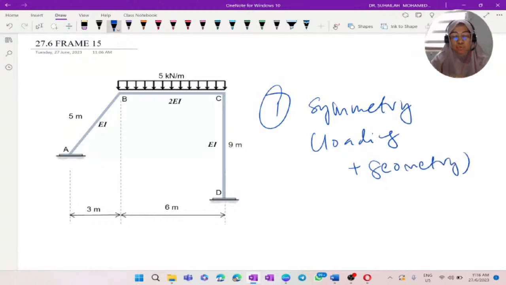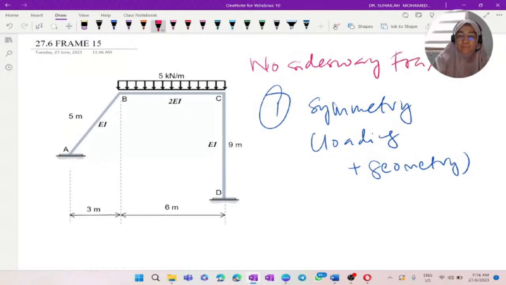And condition number two, to get a no-sidesway frame: if the frame is unsymmetrical, either due to loading or geometry, or both loading and geometry, the frame will not sidesway if the frame is fully restrained.